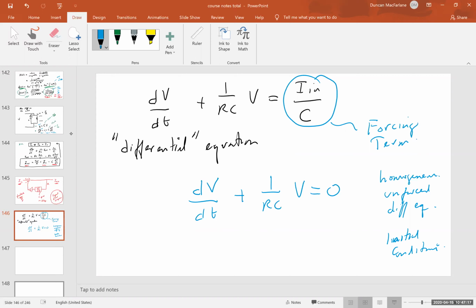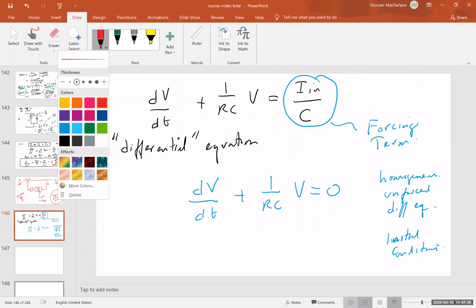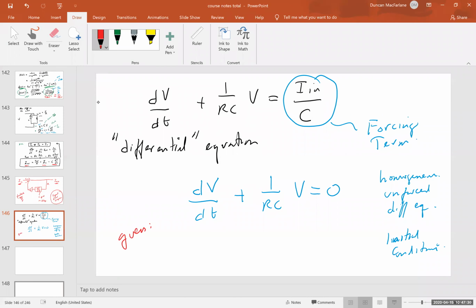So to solve the differential equation, you guess the solution. You guess something that's e to the minus t over tau.